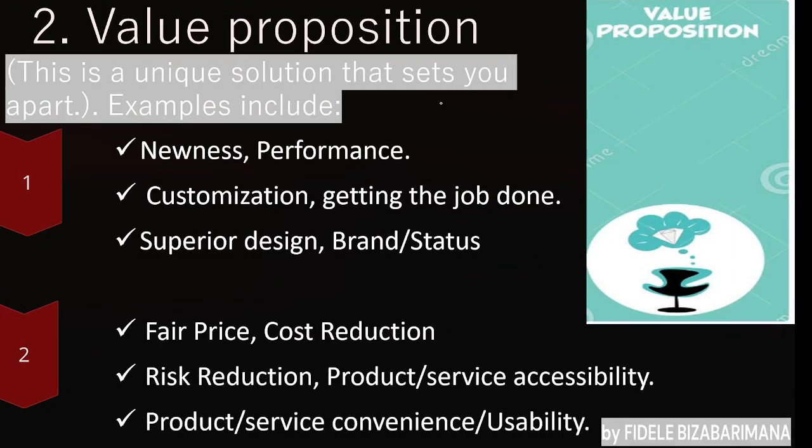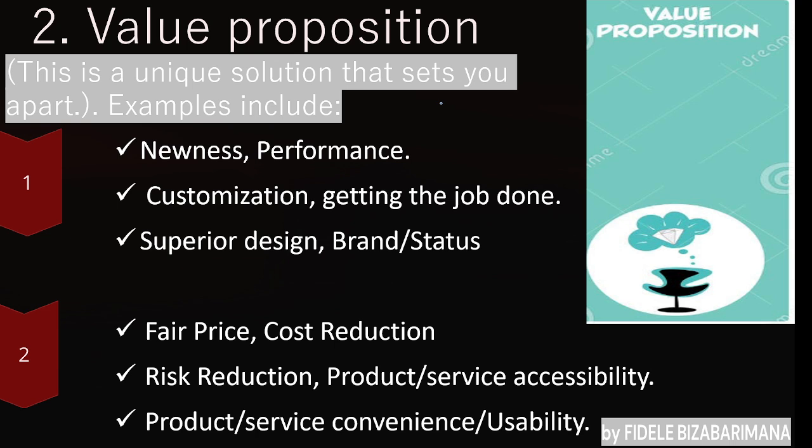Block number 2 is for value proposition. You remember that value proposition is in the central part? Yes, it is in the central part of the business model canvas. This is a unique solution. When we say a value proposition, it is a unique solution that sets you apart from the crowd.